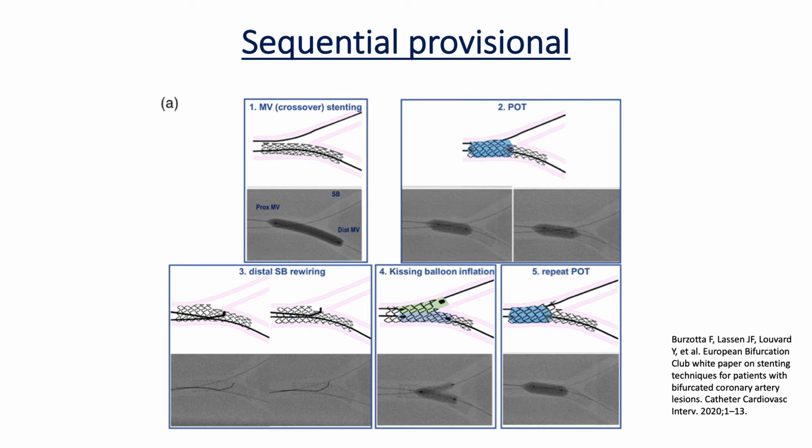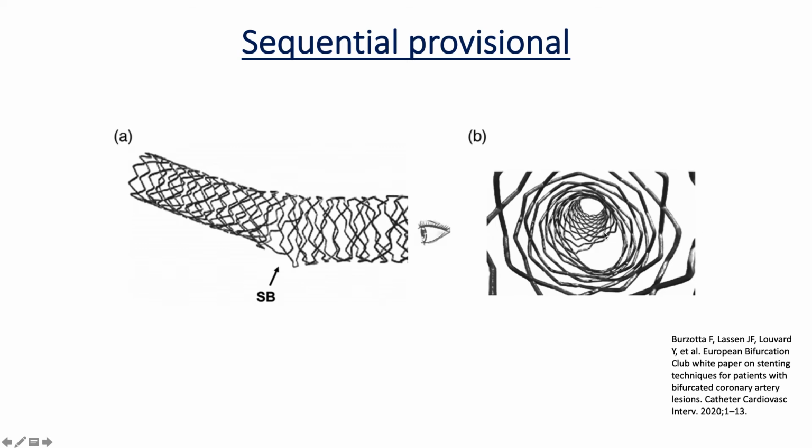Then a third wire, or the wire in the main vessel, is used to rewire the side branch specifically from the distal strut. That's very important for adequate reconstruction of the neocarina. This is followed by a kiss, then a POT. So basically POT, kiss, POT, PKP. This is the result that one could get.